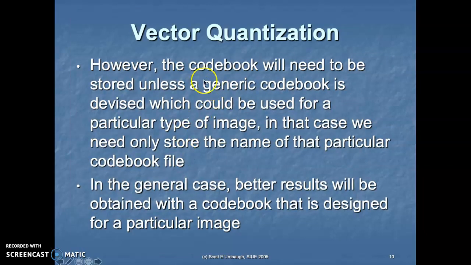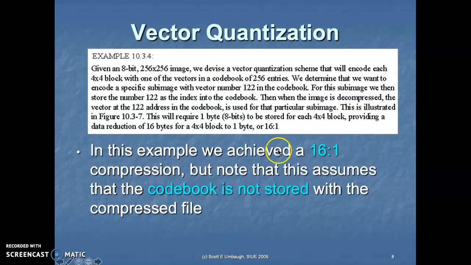However, the codebook will need to be stored, unless a generic codebook is devised which could be used for a particular type of image. In that case, we need only store the name of the particular codebook. So in vector quantization, you can reduce the size to 16 times less compared to the original, if we assume that the codebook is not stored.